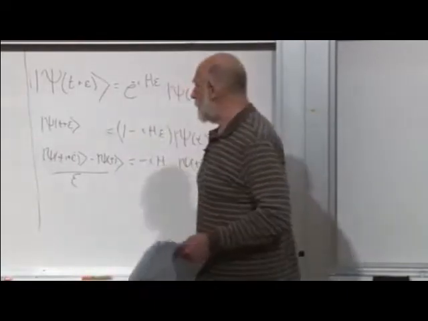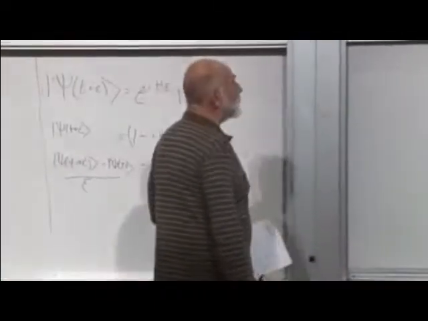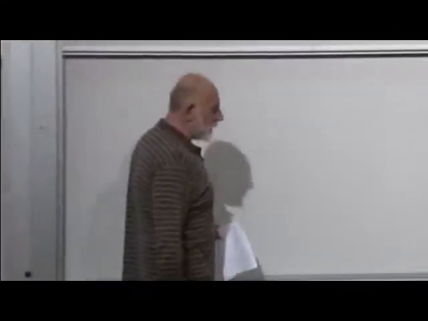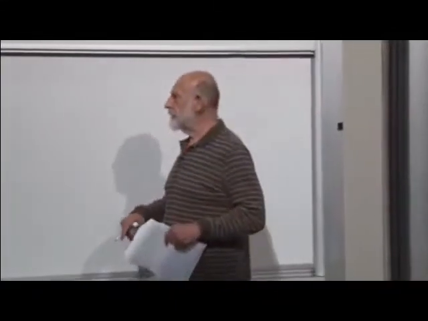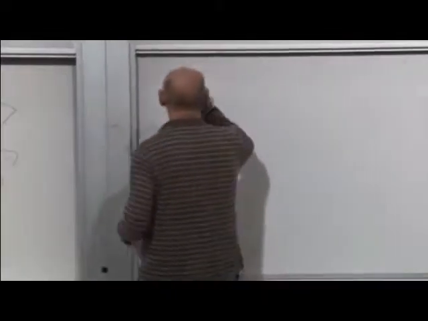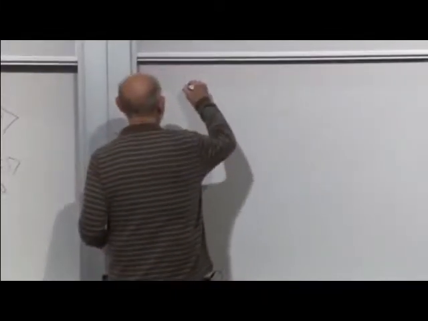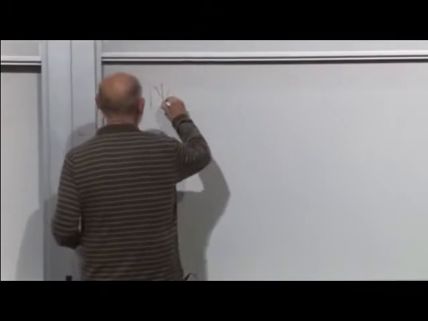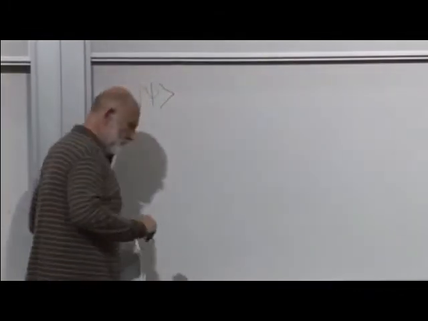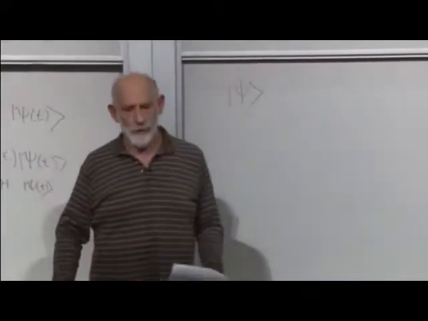Okay, let's talk about the condition. Let's first of all try to quantify that idea. We have states. The generic or typical state of the system that we're interested in is called psi. We're going to do an operation on it.